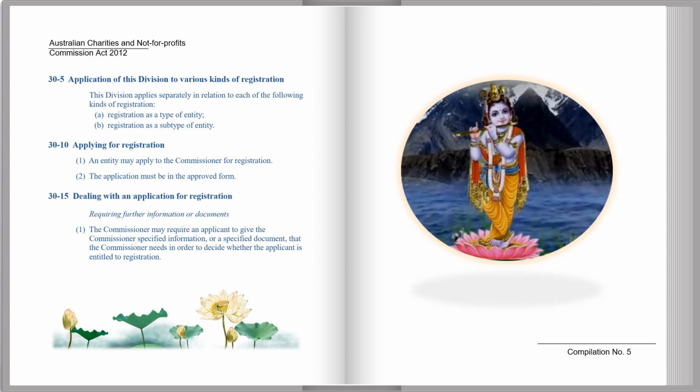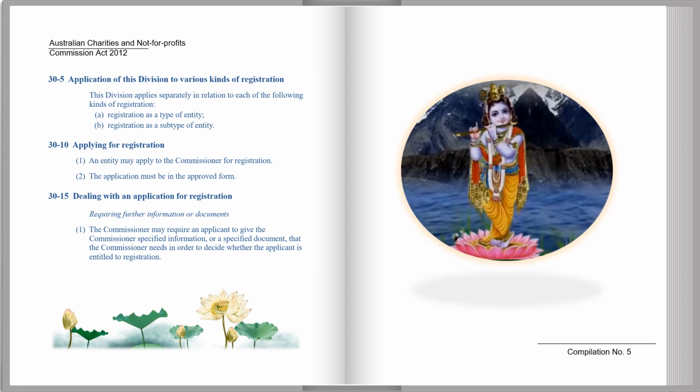30-10. Applying for registration. 1. An entity may apply to the Commissioner for registration. 2. The application must be in the approved form. 30-15.